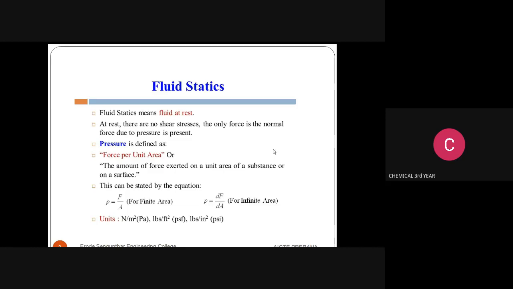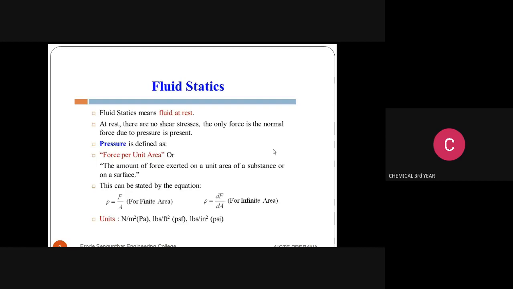The amount of force exerted on the unit area of a substance or on a surface is called pressure. So we can express the pressure P is equal to F by A. This is for a finite area. If you want it for an infinitesimal area, you have to differentiate that.